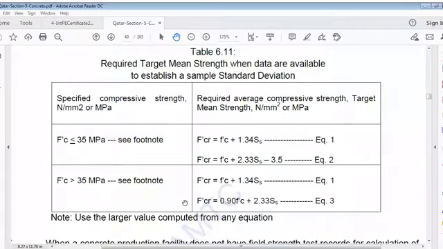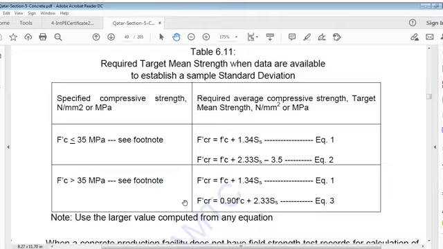Required target mean strength when data are available to establish a sample standard deviation: specified compressive strength f'c in Newton per millimeter square or MPa, that is megapascal, and required average compressive strength, target mean strength, in Newton per millimeter square or MPa. For f'c less than or equal to 35 MPa, see footnote, and this is equation 1 and 2: f'cr equals f'c plus 1.34 Ss, or f'cr equals f'c plus 2.33 Ss minus 3.5, equation 2.